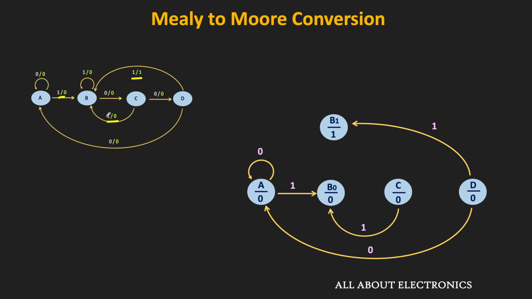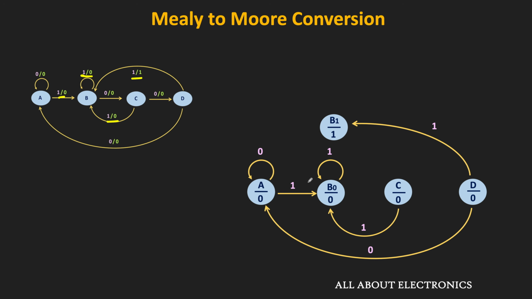So here in the B state, when the input is 1, then it will remain in the same state. And at that time, the output is equal to 0. So in the Moore diagram, in this B0 state, when the input is equal to 1, then it will remain in the same state. Because here, in the B0 state, the output of the machine is equal to 0. That means for this input, it will remain in the same state.